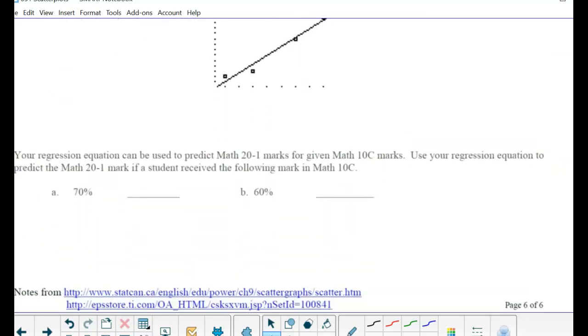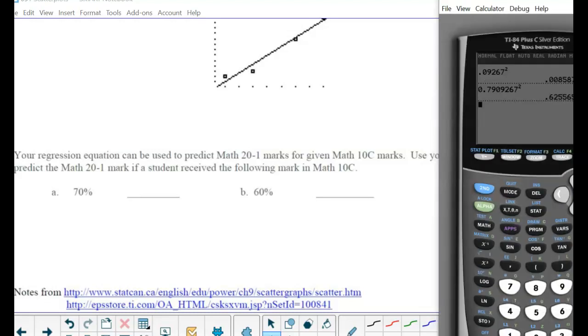Your regression equation can be used to predict Math 20-1 marks for given Math 10C marks. Use your regression equation to predict the Math 20-1 mark if a student received the following marks in Math 10C. Go to your graph. It has your equation in there. We want it to be as exact as possible. If we use the rounded equation, it's not going to be as exact.